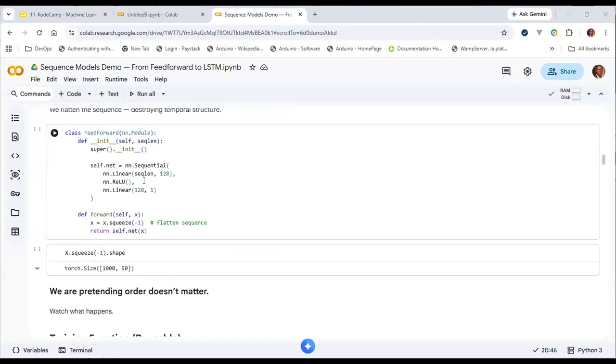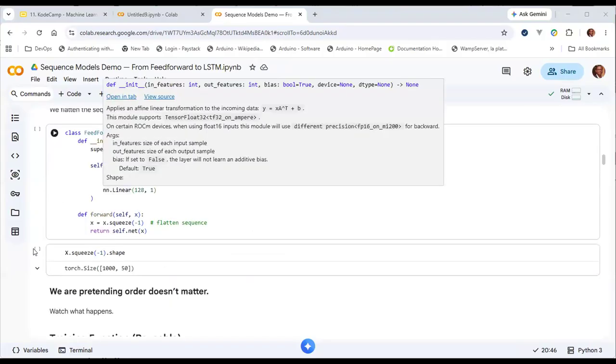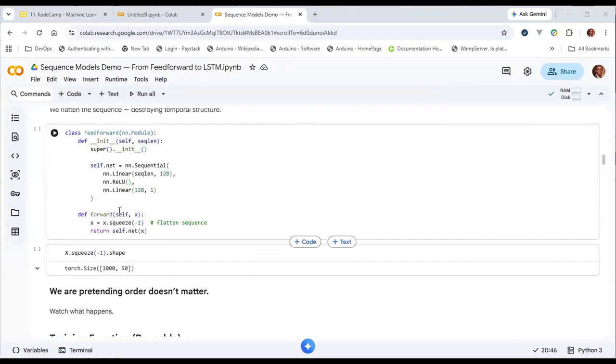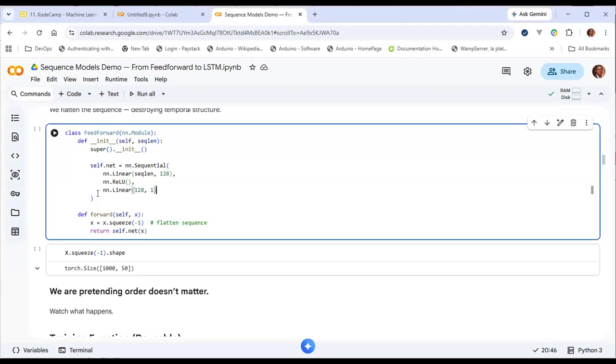You use nn.Sequential. We have linear, ReLU, and another linear. Because it's a regression problem, we're not trying to do classification, so we don't need any other activation function, right? So forward is just to pass it through, right?